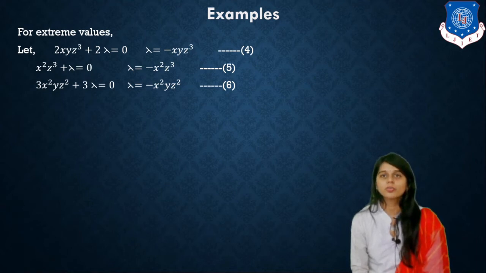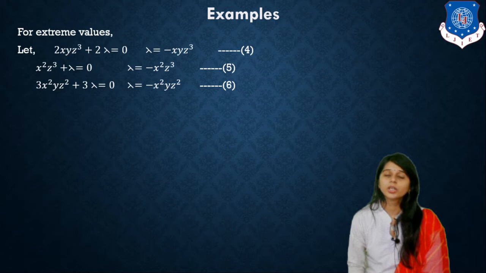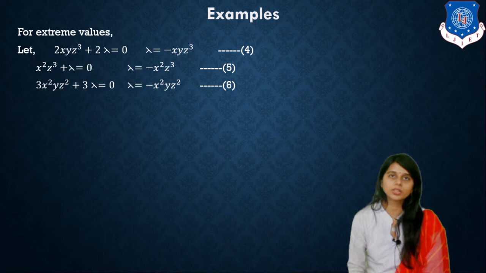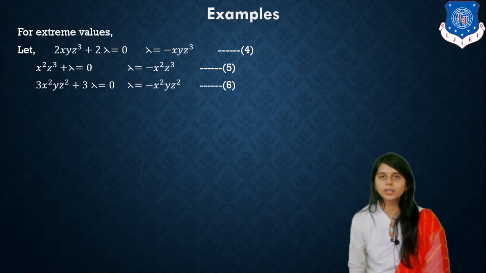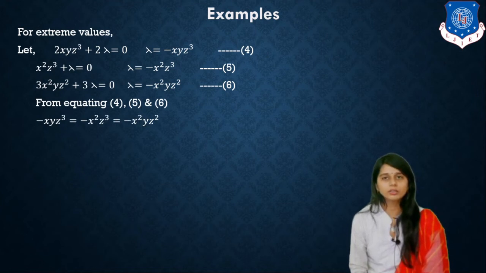We get equations 4, 5 and 6 using del u by del x equal to 0, del u by del y equal to 0 and del u by del z equal to 0, converting each with lambda as the subject. From equations 4, 5, 6 we equate them: minus xyz cube equal to minus x square z cube equal to minus x square y z square.